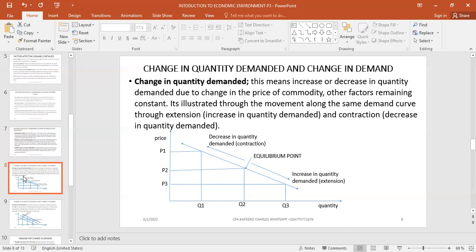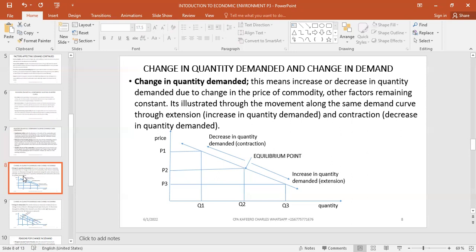It is illustrated through the movement along the same demand curve through extension, meaning an expansion, that is the increase in quantity. But here, remember, we are talking about quantity. It is quantity which is changing as a result of the price.